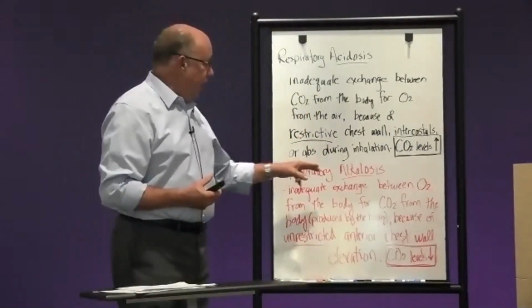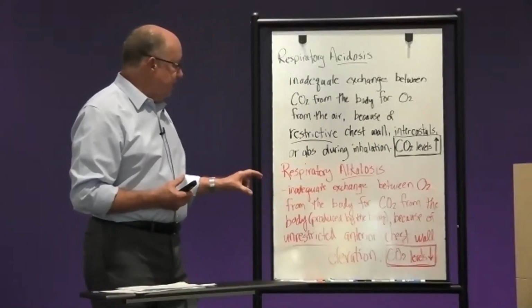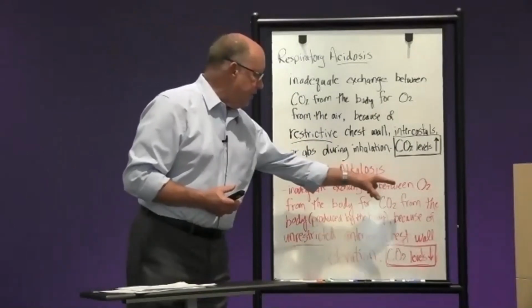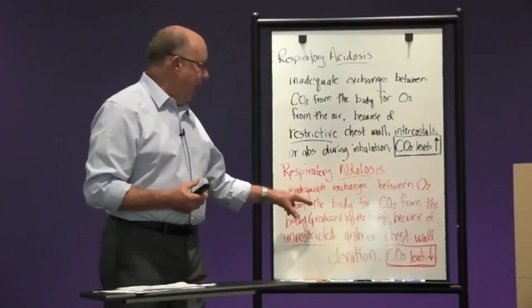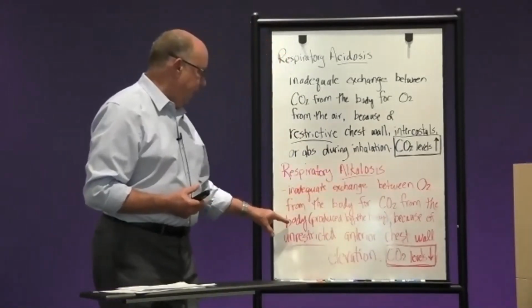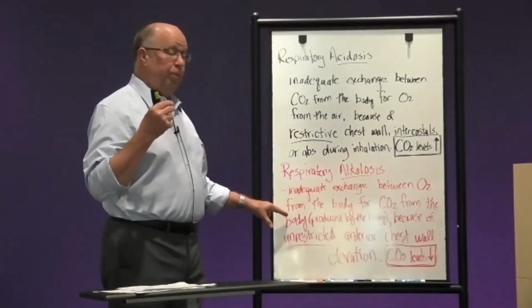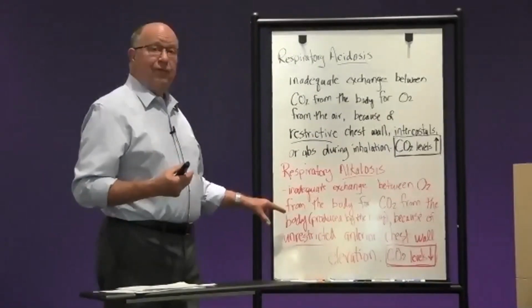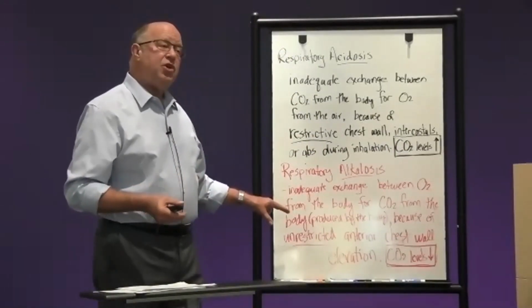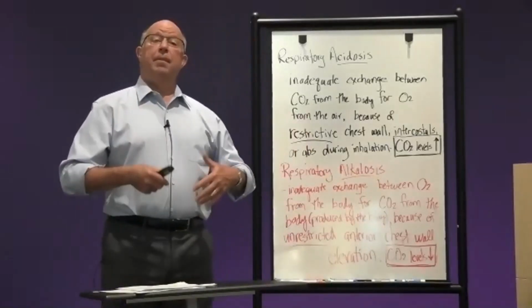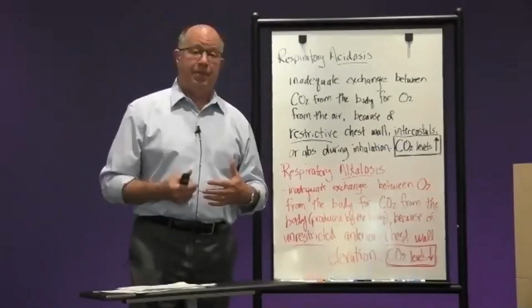Respiratory alkalosis is a definition that says inadequate exchange between oxygen from the body for carbon dioxide from the body, which means we're producing carbon dioxide when we move and when we work, and we want to exchange it for oxygen. But when we have so much oxygen in there because of what our body is doing, our ribs are coming up and we're losing our zones of apposition.